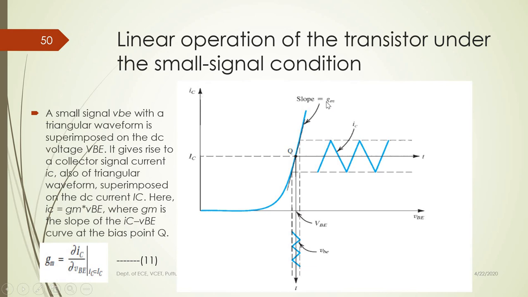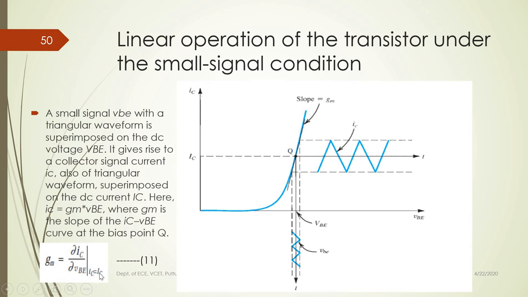Next, the small signal approximation implies that the signal is so small that operation is restricted to an almost linear segment of the IC versus VBE exponential curve. So transconductance can be written as delta IC by delta VBE, evaluated where iC equals IC. What does this indicate?